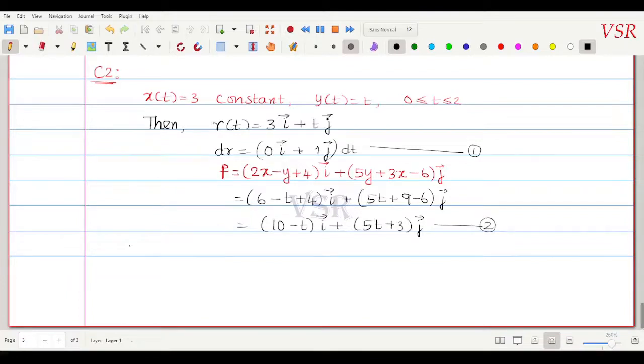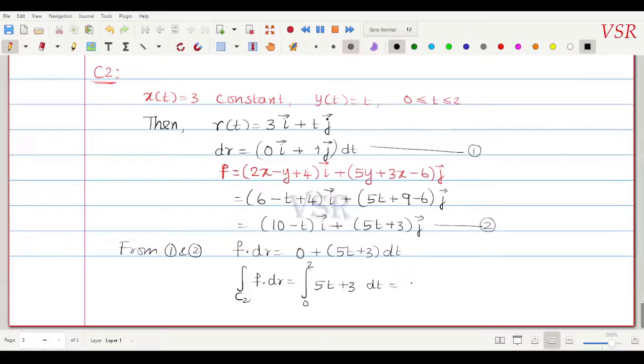From 1 and 2, what do we get? F dot dr is equal to 0 times i plus 1 times the j component, so we have 5t plus 3 into dt.